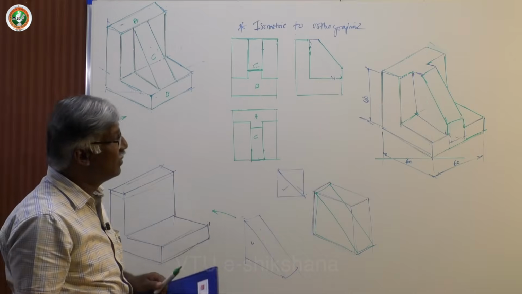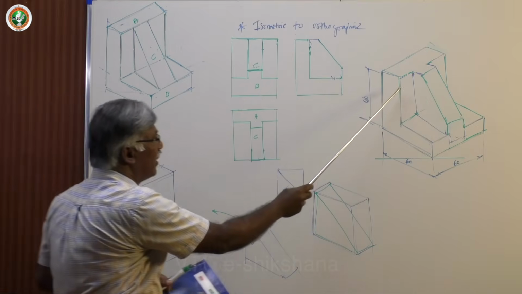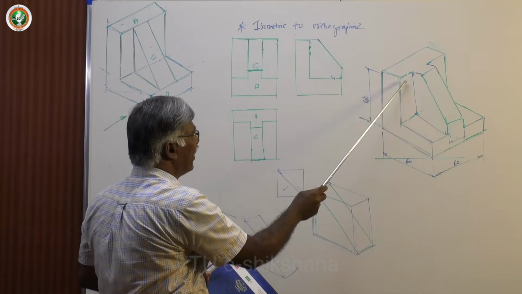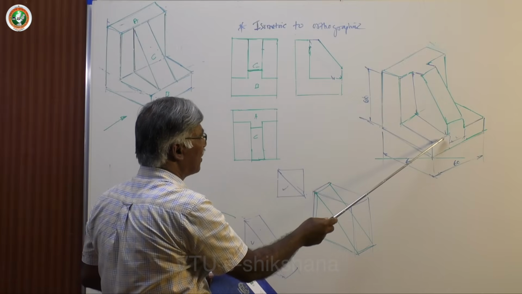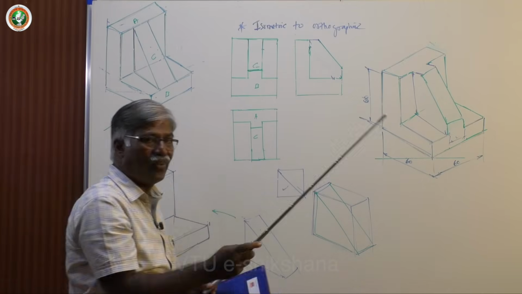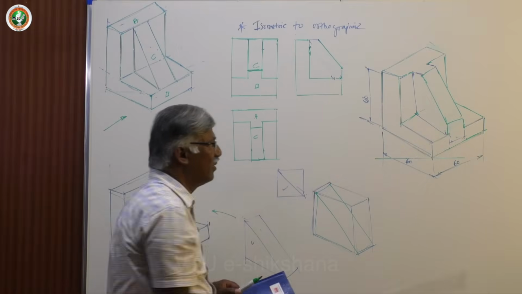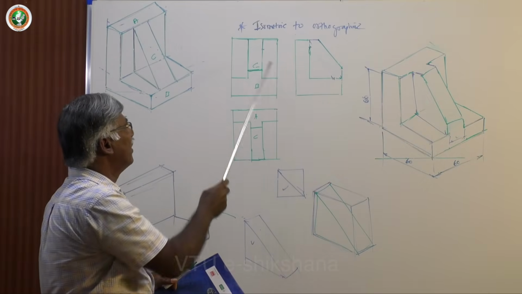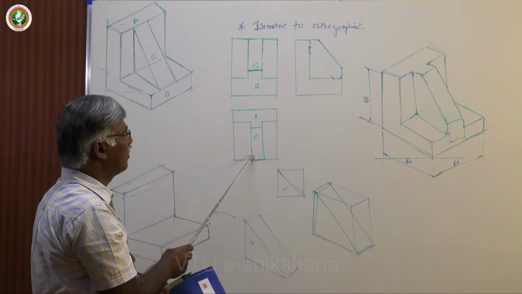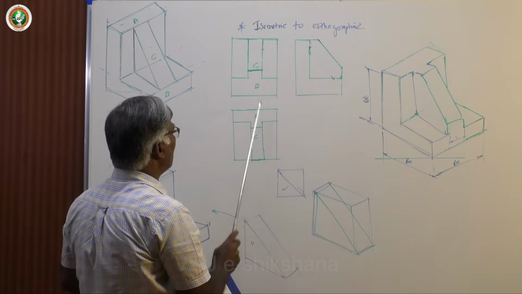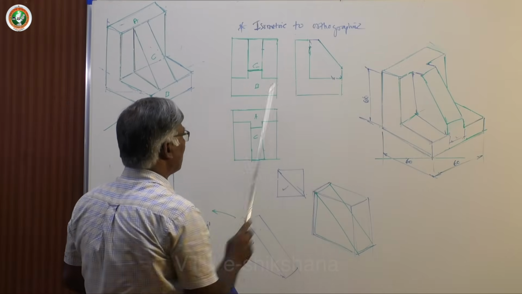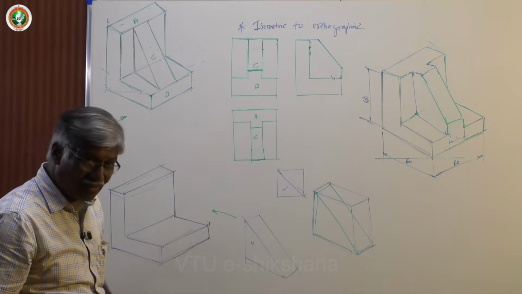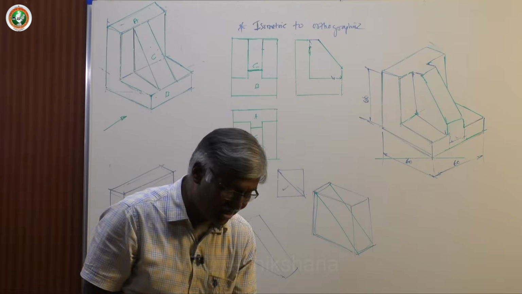So this contour is available here, 10 mm extended with the vertical surface, front vertical surface, and also 10 mm up with the front vertical surface of the base, then joined. Here is the front view, here is the top view. So front view contour here and top view contour here. That's all.